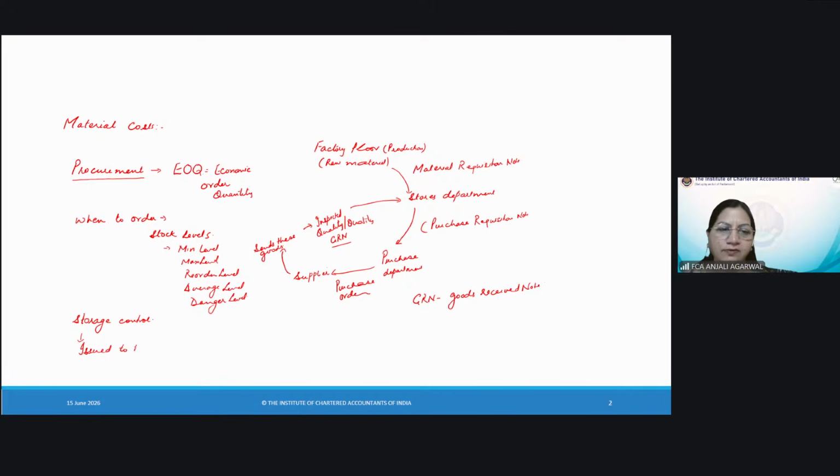So when material is controlled at all the levels from procurement to storage to issue, then we get a good control over material and costs become effective. So let us first start with the topic economic order quantity.